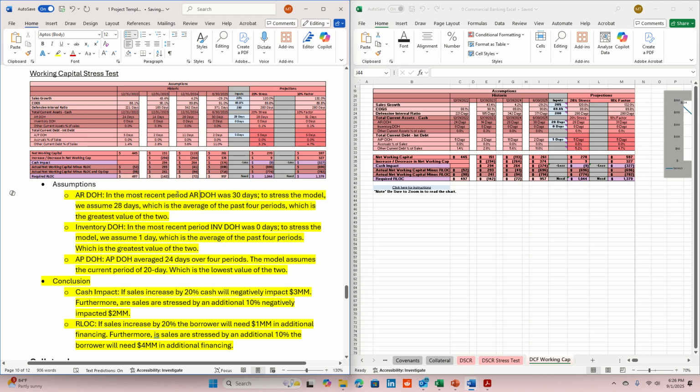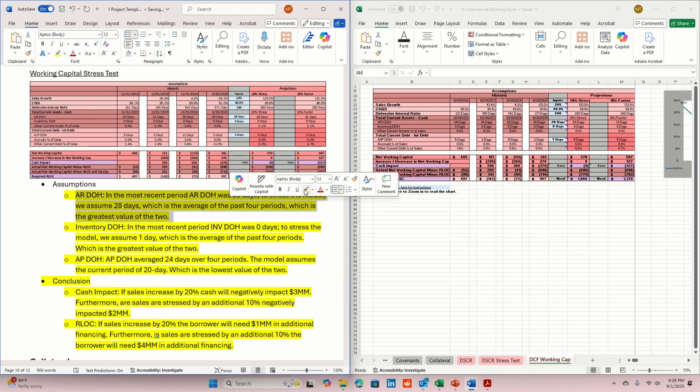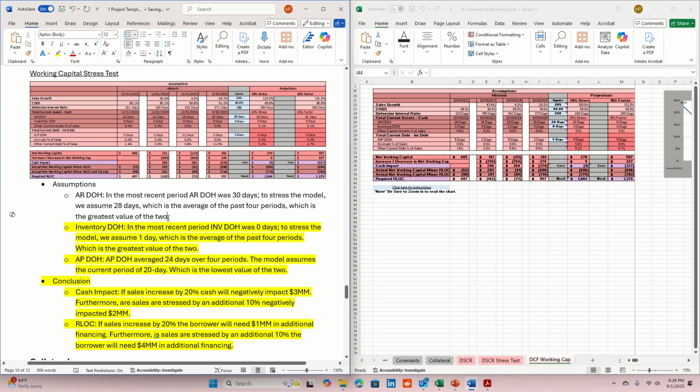Oh, in the most recent period, AR days on hand. Right. Okay. Let me change this. Which was the most recent fiscal year end and average.